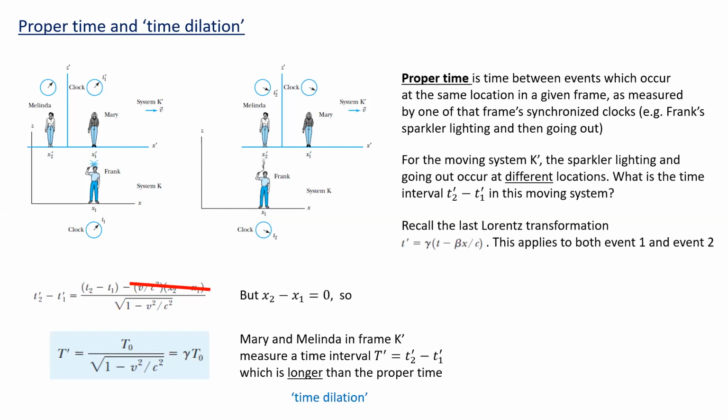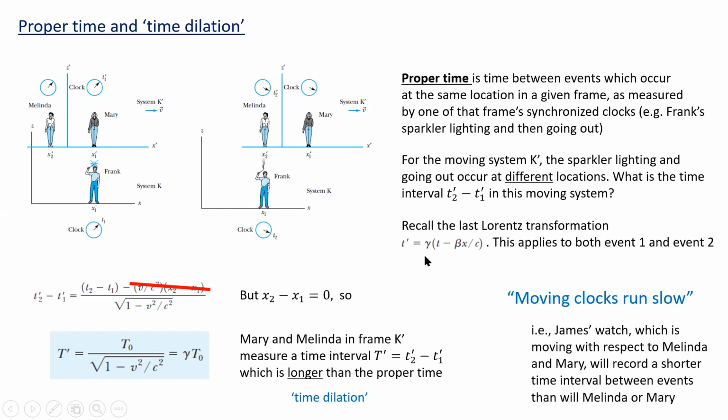So we often express this by saying that moving clocks run slow. By that we mean that Frank's watch, which would be moving with respect to Melinda and Mary, will record a shorter time interval between events than will Melinda or Mary.